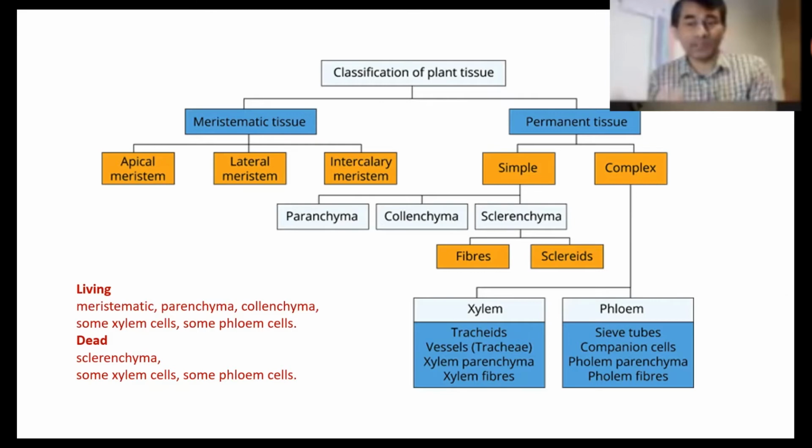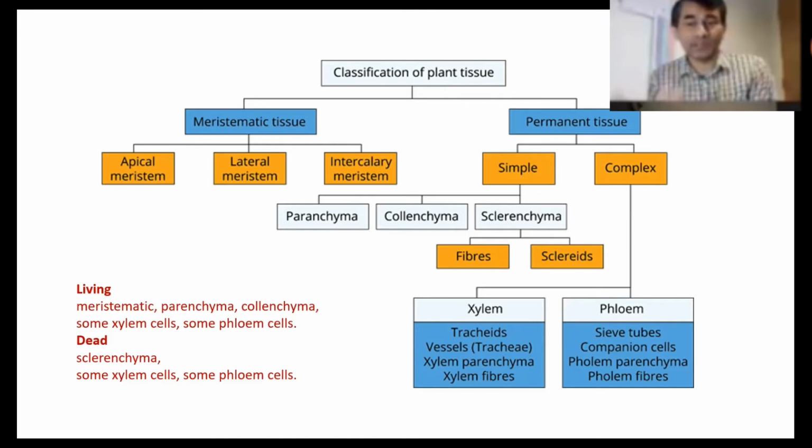Meristematic tissue is not permanent. It keeps dividing. It keeps producing new cells. And there are three classes of meristematic tissue. You can see apical meristem, lateral meristem, and intercalary meristem.